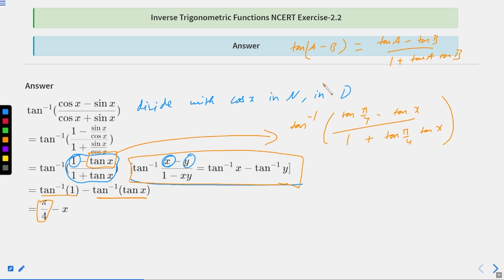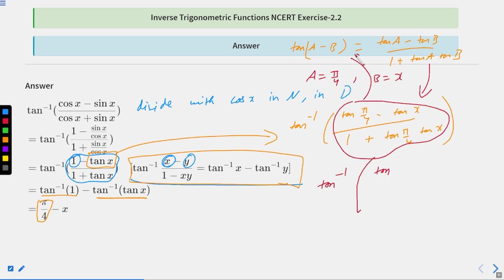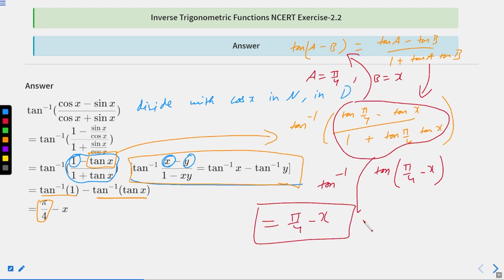Now as you can see, if a is pi by 4 and b is x, then you will get this. So this is nothing but tan inverse tan of a minus b. A minus b means pi by 4 minus x, and from this you can write pi by 4 minus x. Simple. I hope that you got this. So the answer or the simplest form is pi by 4 minus x.